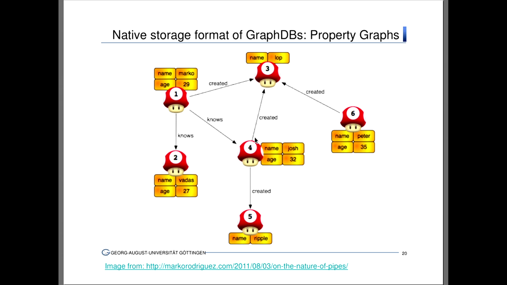And also the edges, and this is important for us as well, they're labeled. So it's not just there's an edge from A to B, but there's an edge labeled as knows or created or something like that from A to B. And that's all that a property graph really is, and that's the native storage format of graph databases.